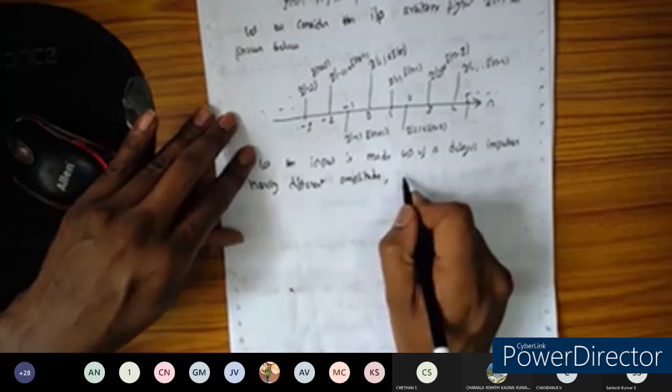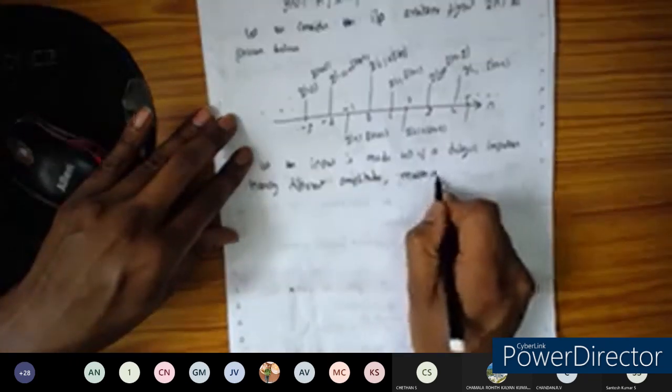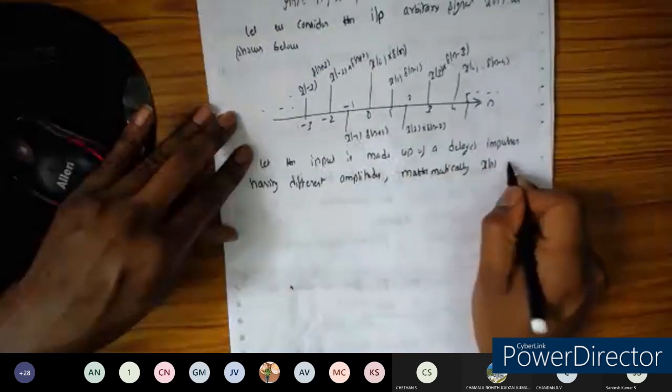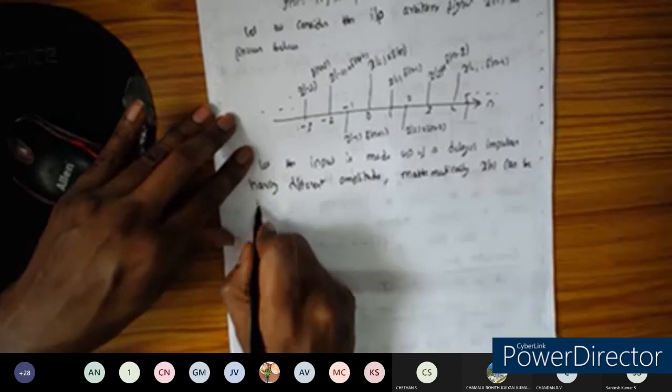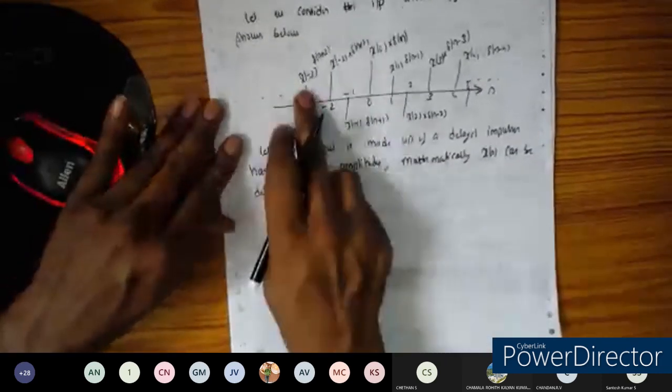Mathematically, x of n can be defined as follows.